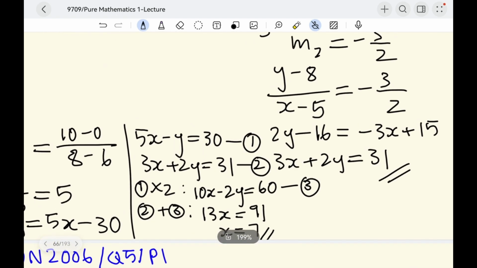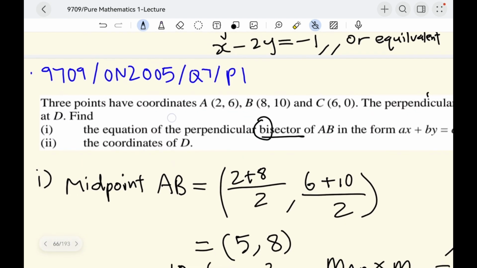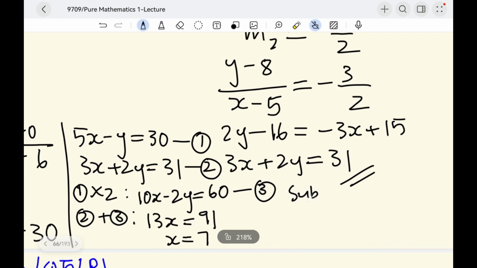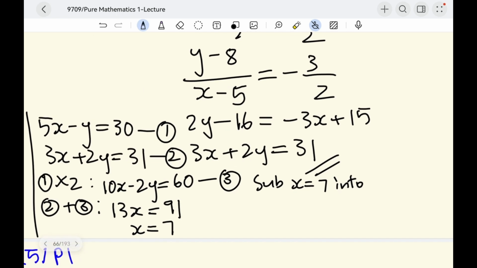Because the question wants me to find the coordinates, x equals 7 is just the x coordinate of the point D. Alright, so substitute x equals 7 into the shortest possible equation. Among these three equations, you can only choose one to save your time. So I can substitute into the first equation.